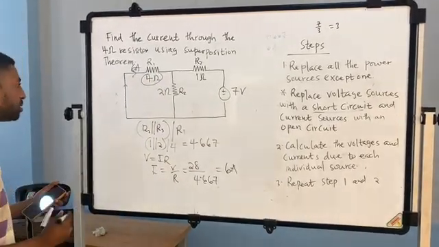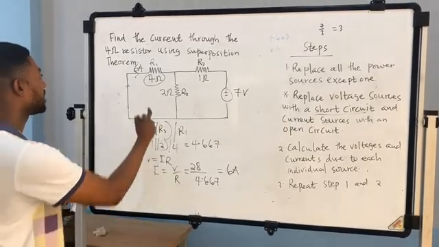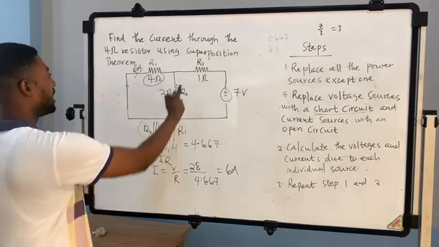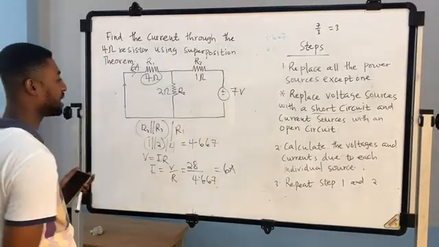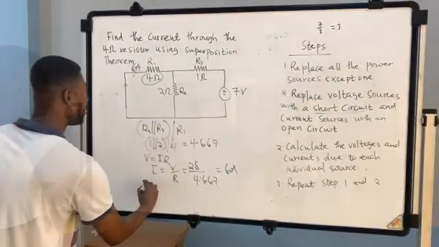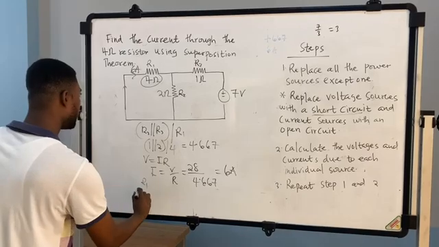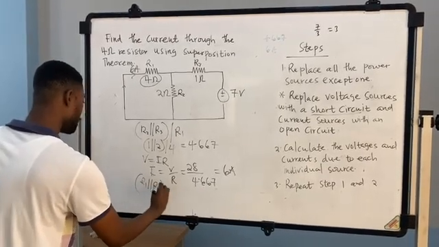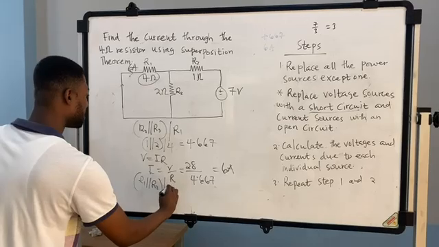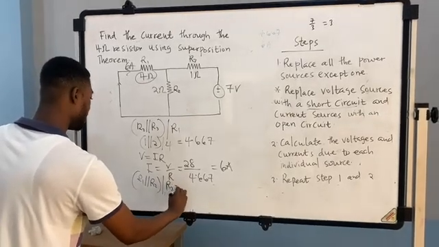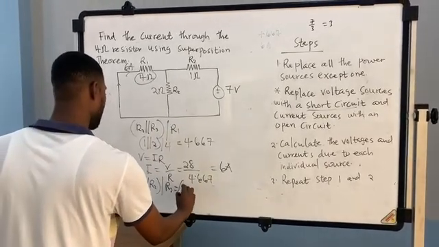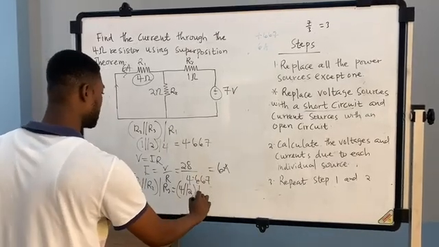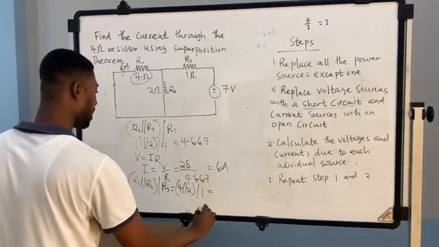Here we realize that R1 and R2 are connected in parallel, and the resultant is in series with R3. So that is 4 parallel 2, in series with 1.